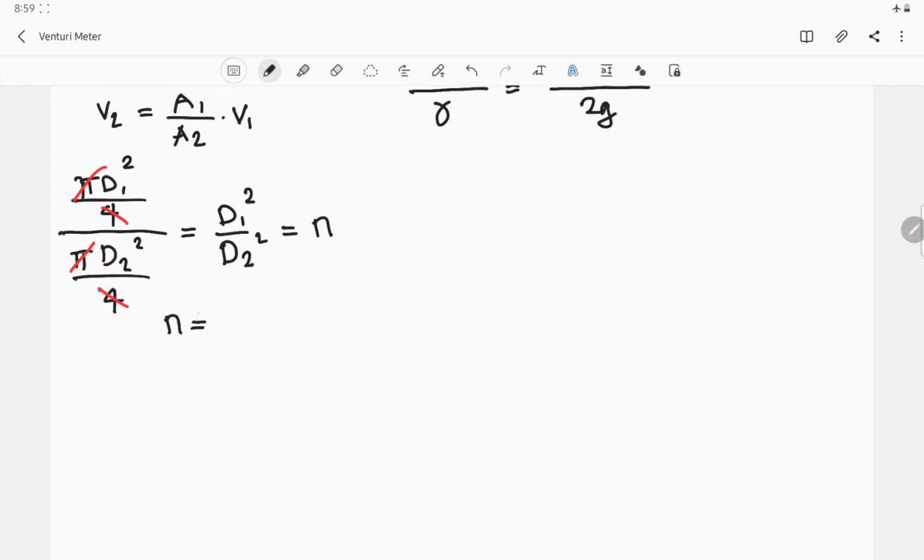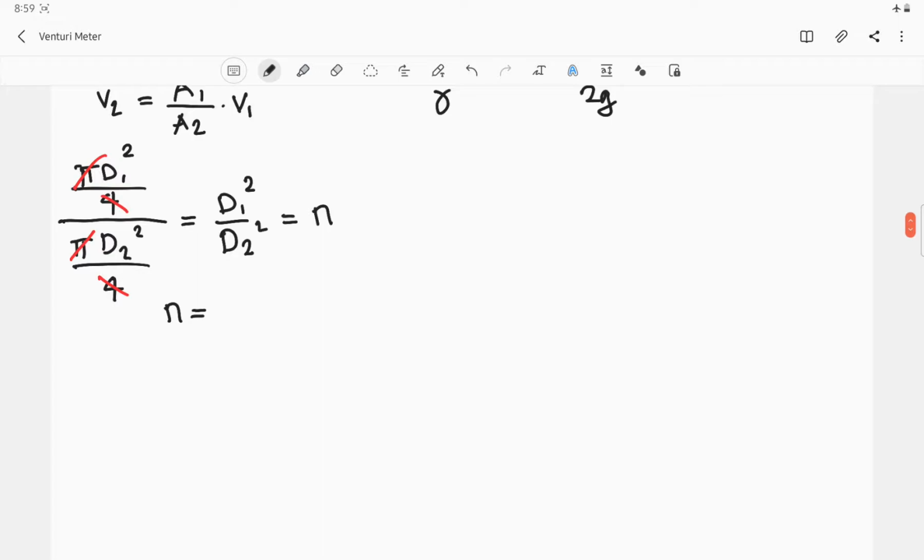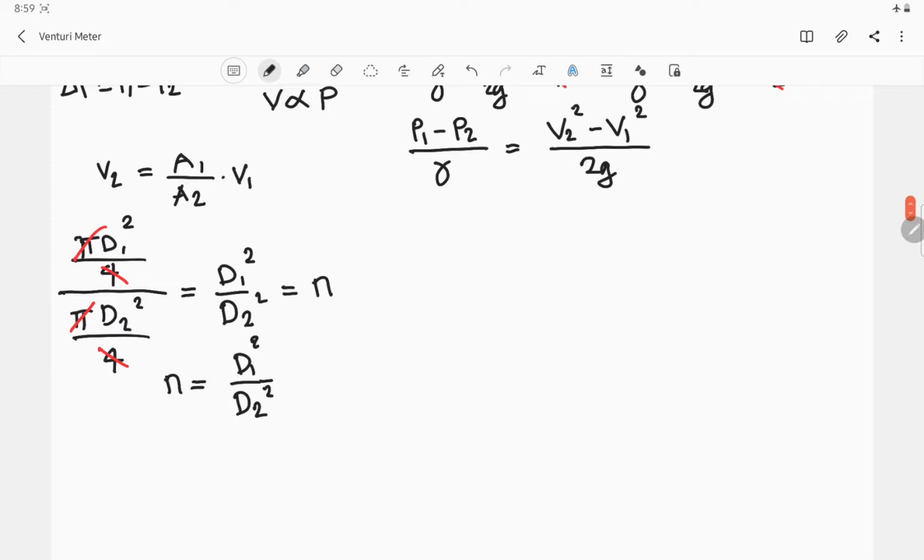Most likely, based on personal experience and the experience of my students before, they forget to square D1 and D2.